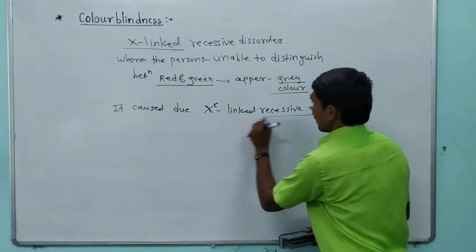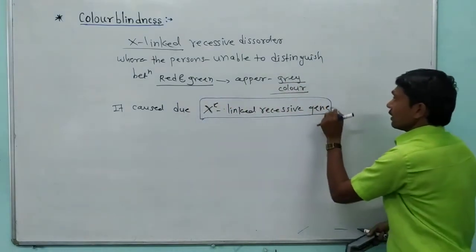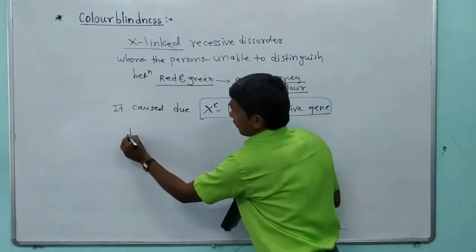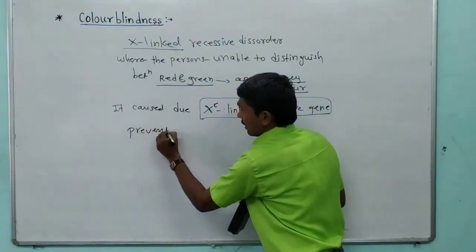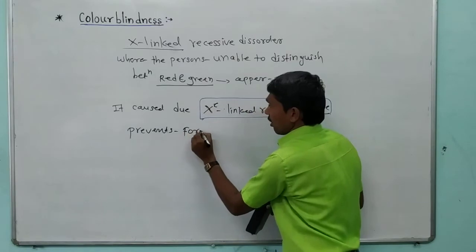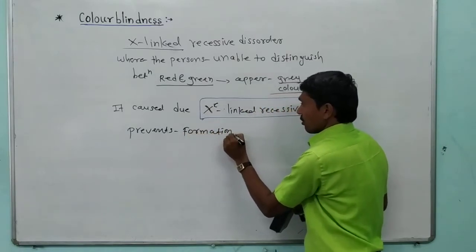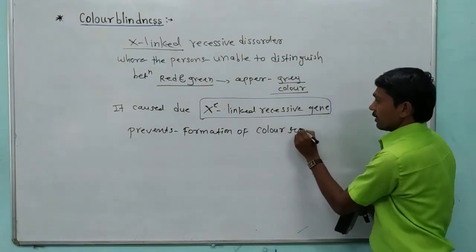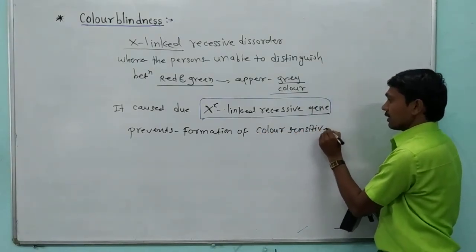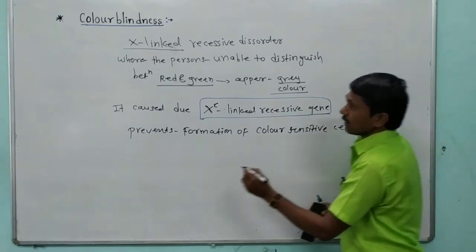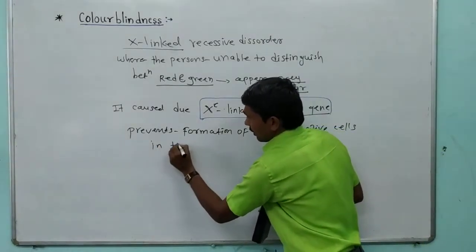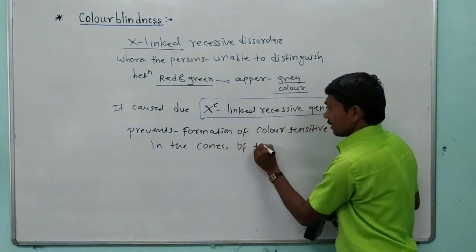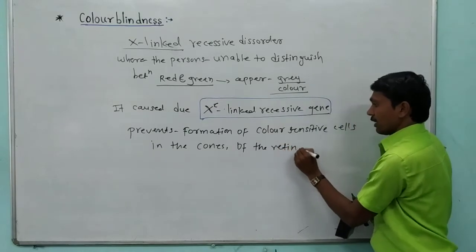Okay, that means this X-linked recessive gene prevents the formation of color sensitive cells in the cones of the retina of the eye.